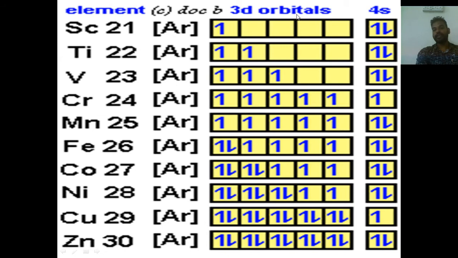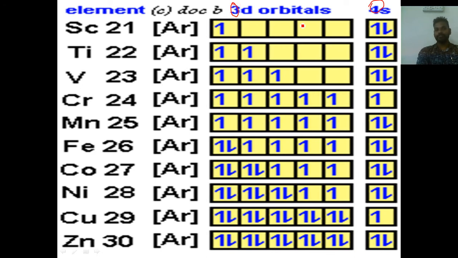Here it is the 4s, the n subshell, so the successive addition must take place in n-1, that means 4 minus 1, that is the 3d orbital. So successive addition takes place for the 3d orbital.